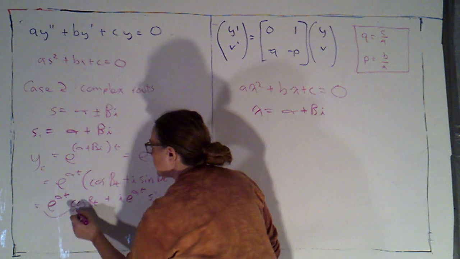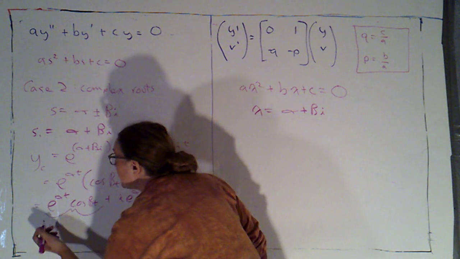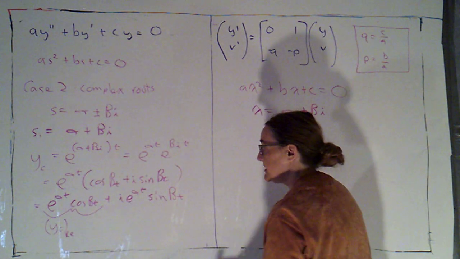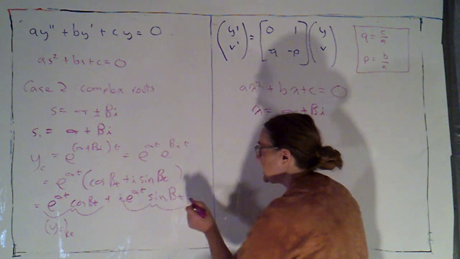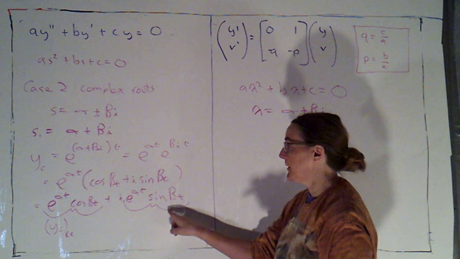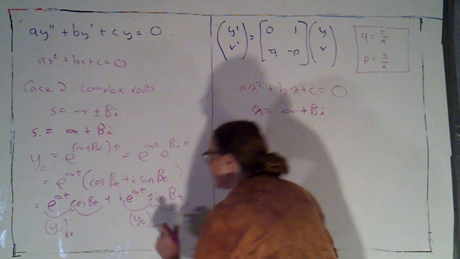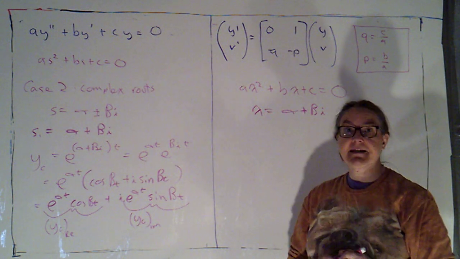So, this is the real part of y sub c, and this, not including the i, just the real valued function that gets multiplied by i, is the imaginary part of y sub c.